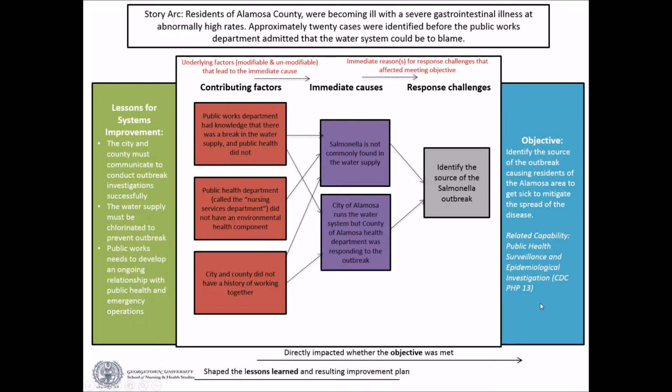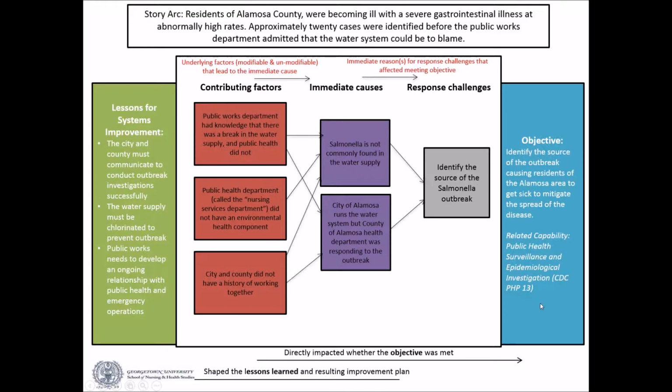And that, together with the mapping that was done, suggesting that people were from all over town, suggested that maybe the water system was at fault. And on March 19th, the water system actually was confirmed as a source. What this picture here shows is literally a break in the water system that explained the contamination.